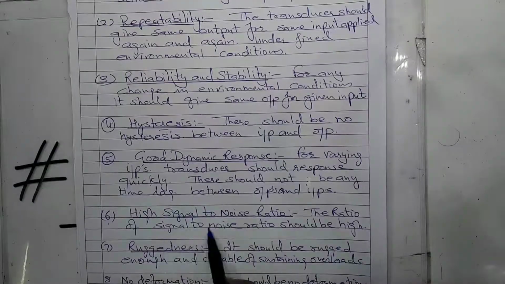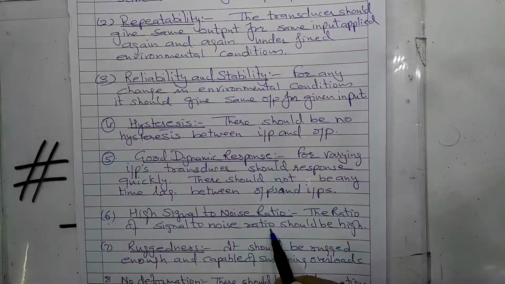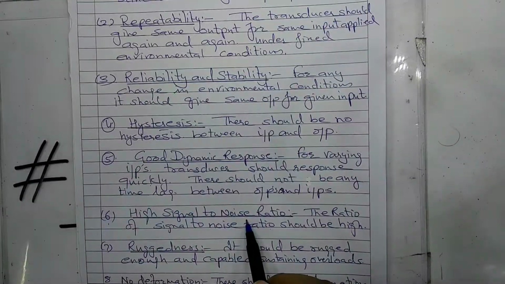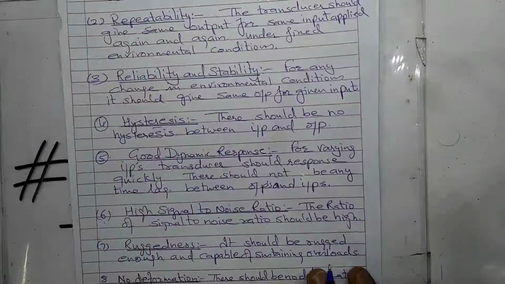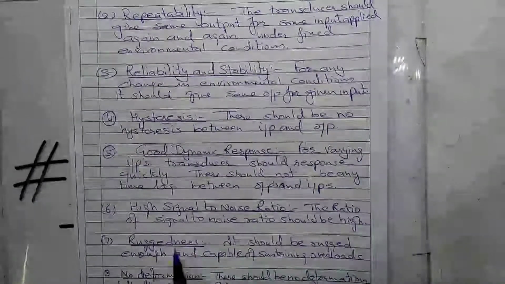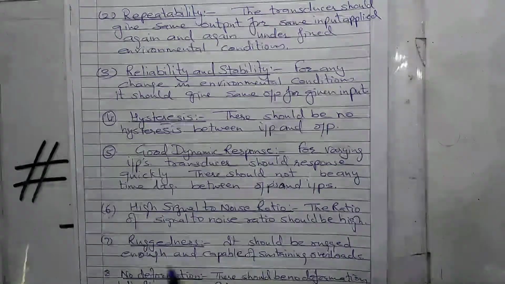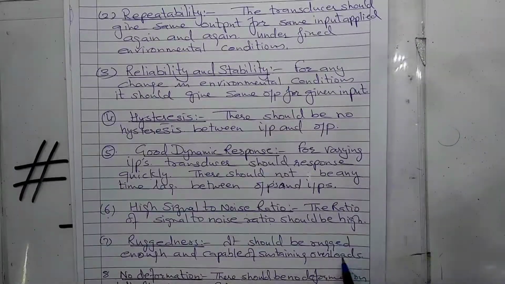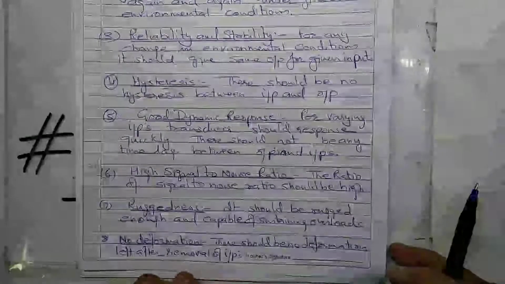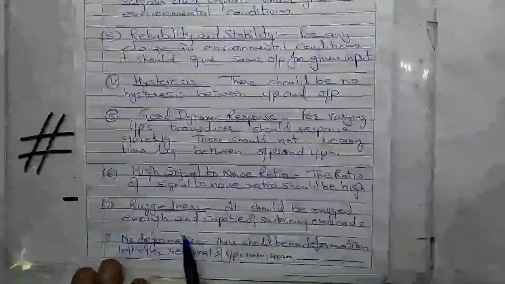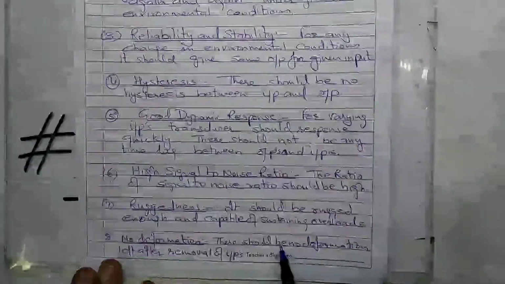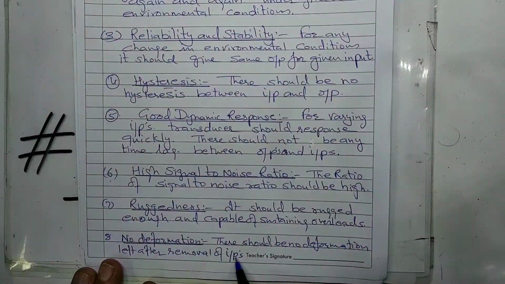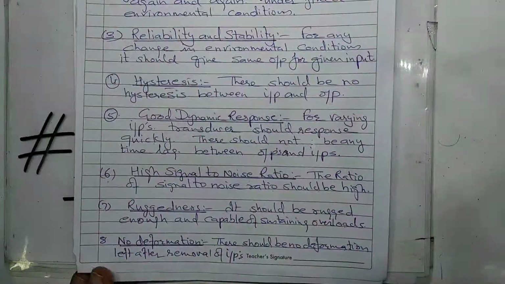The signal to noise ratio should be high. That means noise should be less. Seventh, ruggedness. It should be rugged enough and capable of sustaining overloads. Eighth and the last one is no deformation. There should not be any deformation left after the removal of the input signal.